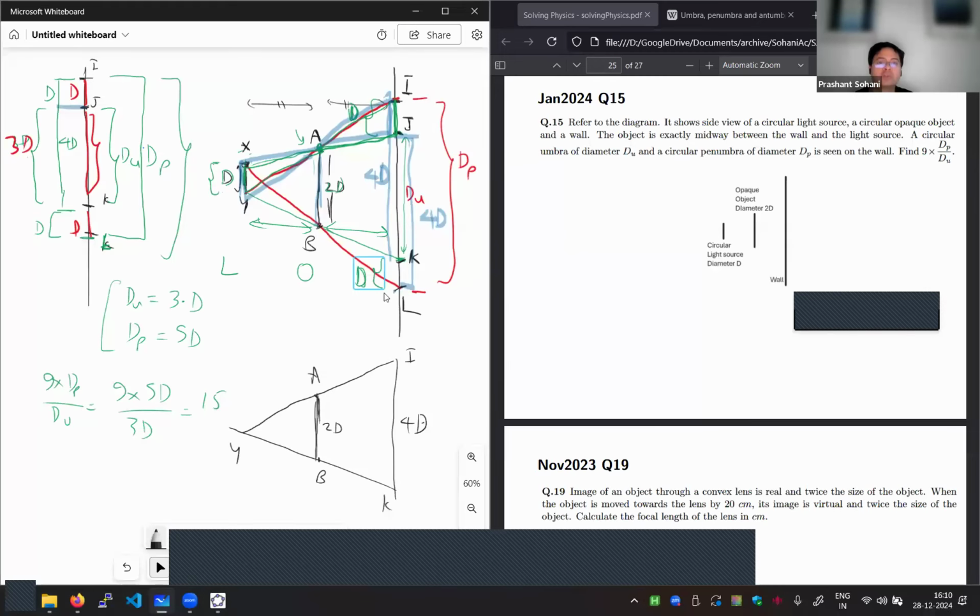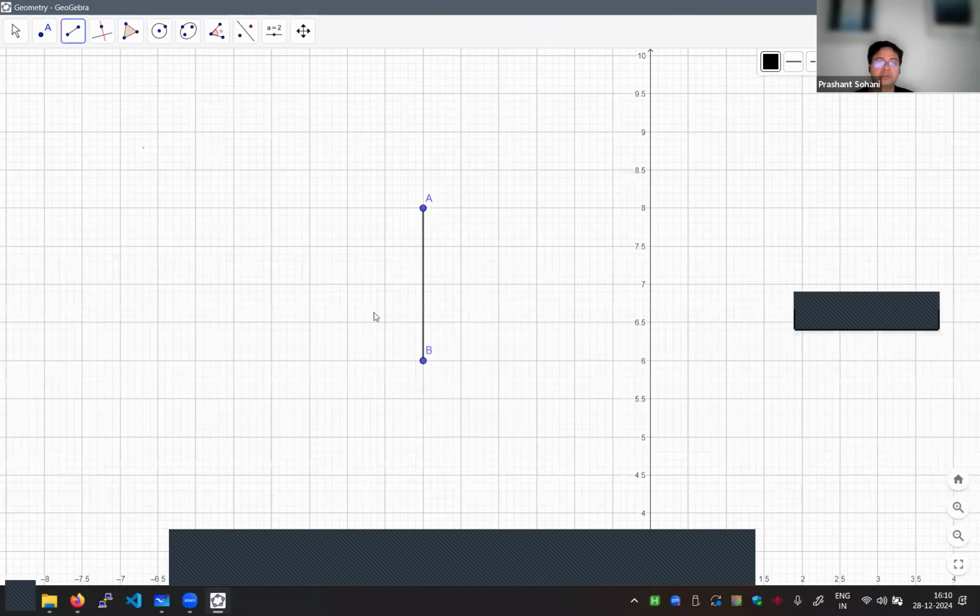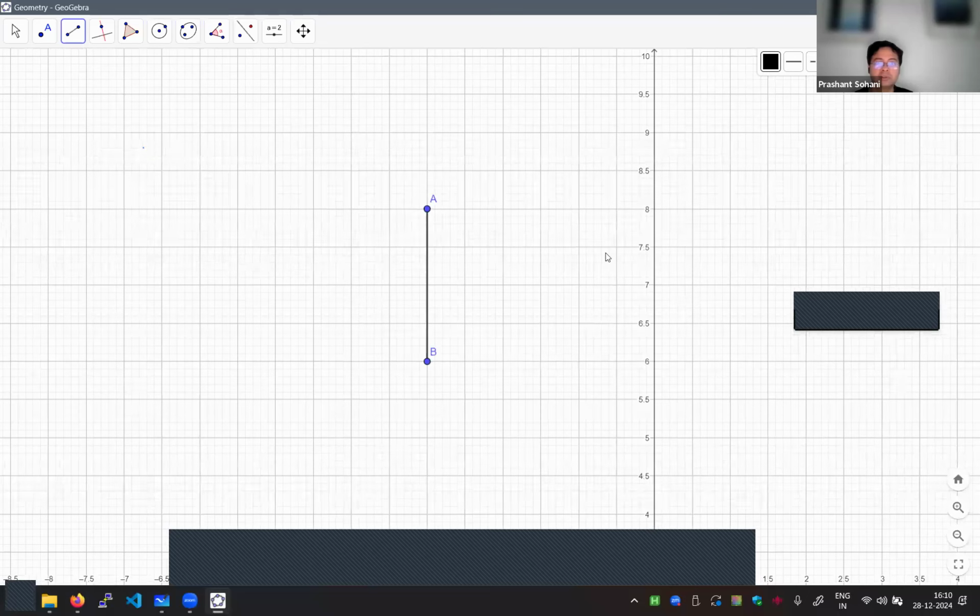Let me use the same notation. So AB is my object of whatever length is given, and at the same distance, this is my light source.